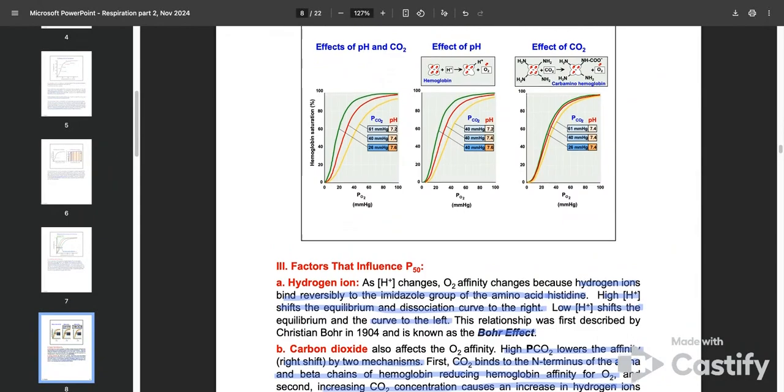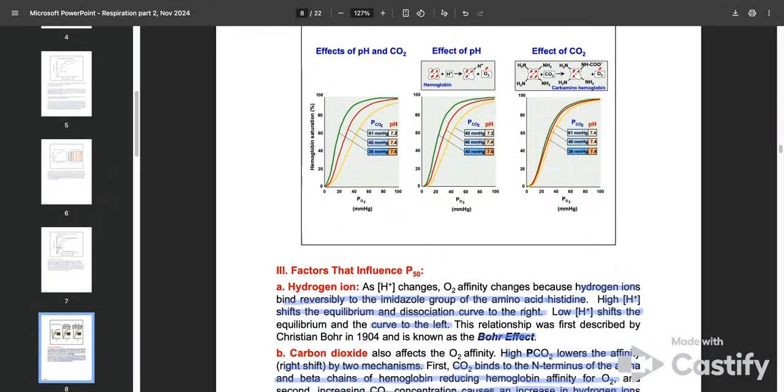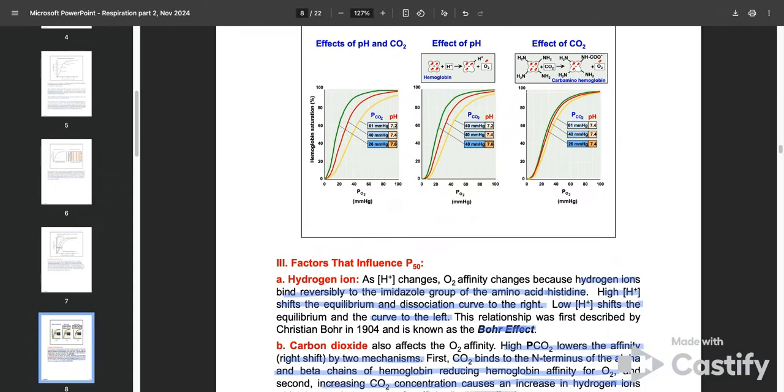Anyways, so what influences the P50? We've got hydrogen ions, carbon dioxide. We've talked about this before. What do hydrogen ions do? When you have more hydrogen ions, you're going to have a shift to the right, which means lower affinity. You're going to have oxygen leaving hemoglobin. Why? Because hydrogen binds reversibly to the imidazole group of the amino acid histidine. We're going to see this in a second.